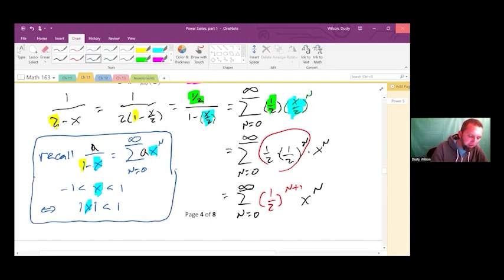So in our case, when our x, which is x over 2, is less than 1. So here's that green bit. Multiply both sides by 2. You get absolute value of x is less than 2.